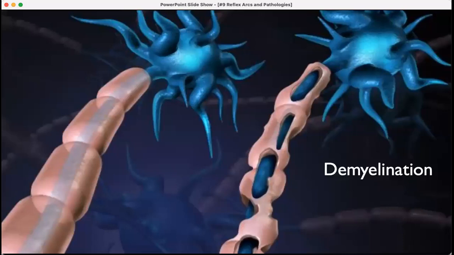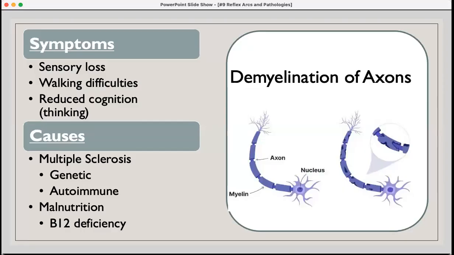Demyelination. I'm going to go through some of the causes that will cause demyelination. You start getting sensory loss and some motor loss. With demyelination, like I said, you can get sensory loss, but also your ability to walk and your ability to think clearly gets impaired.